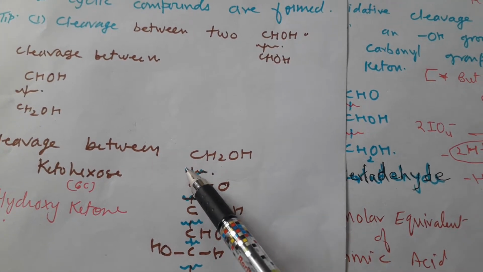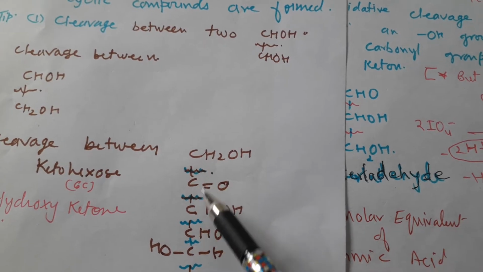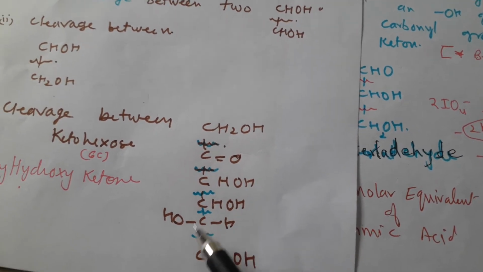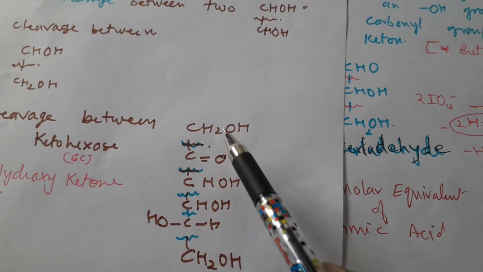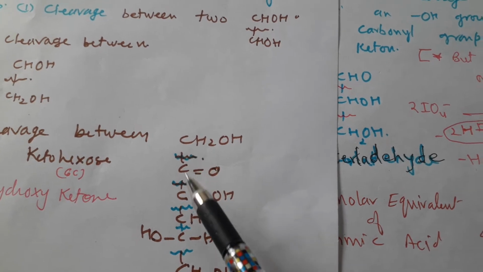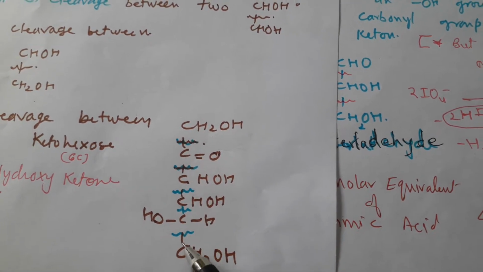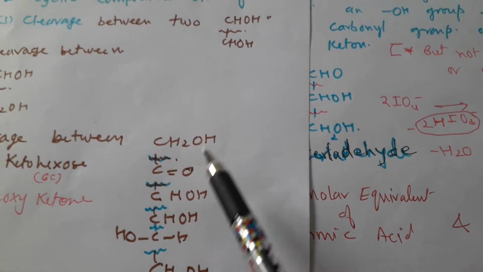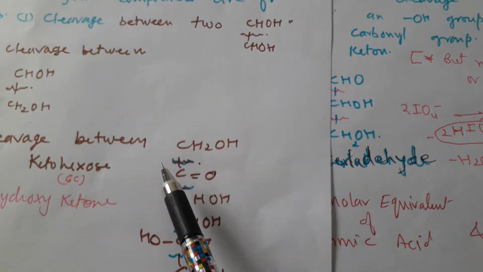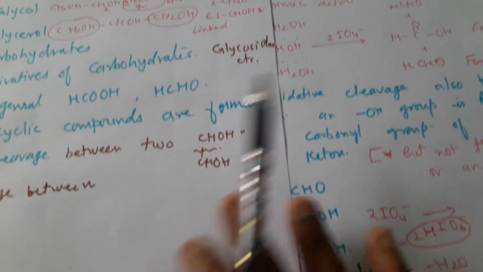Cleavage occurs between CH2OH and CO, between CO and CHOH, and between all the CHOH groups. So how many moles of HIO4 would be used? 1, 2, 3, 4 and 5. That we'll discuss later on. So 5 moles of HIO4 are required to cleave this polyhydroxy ketone.